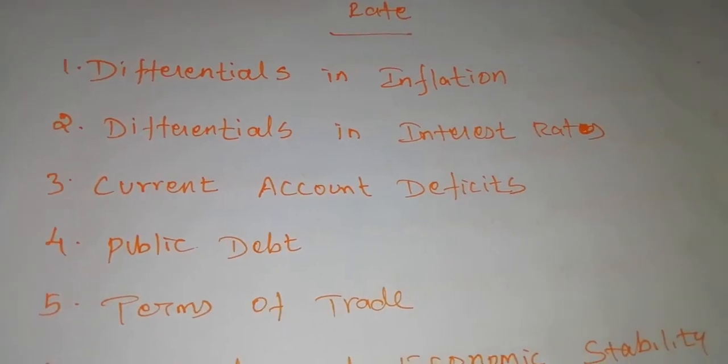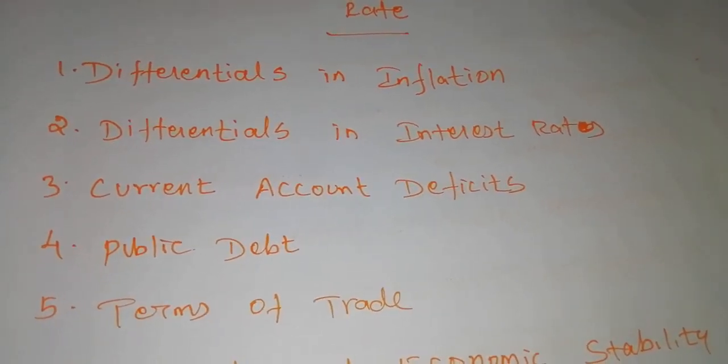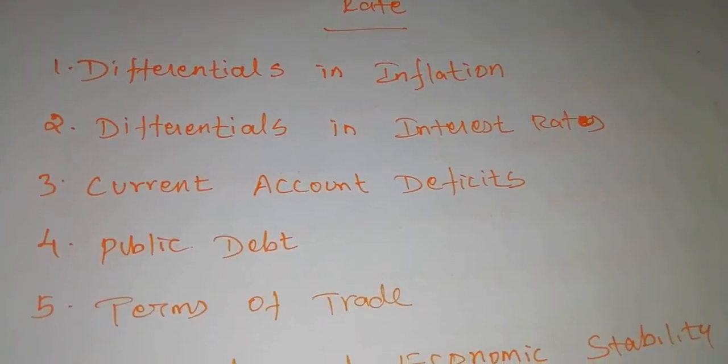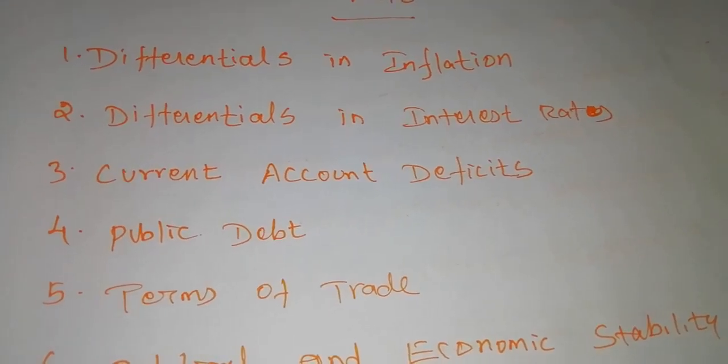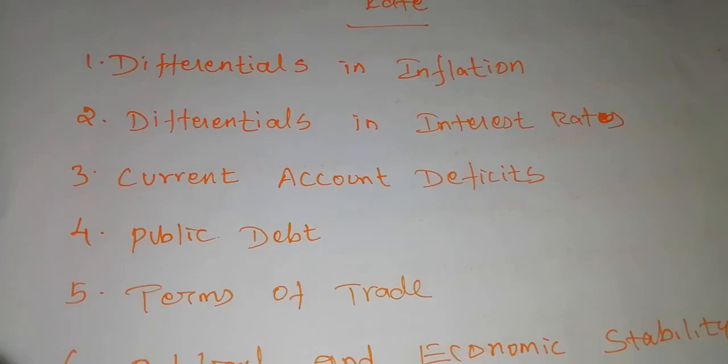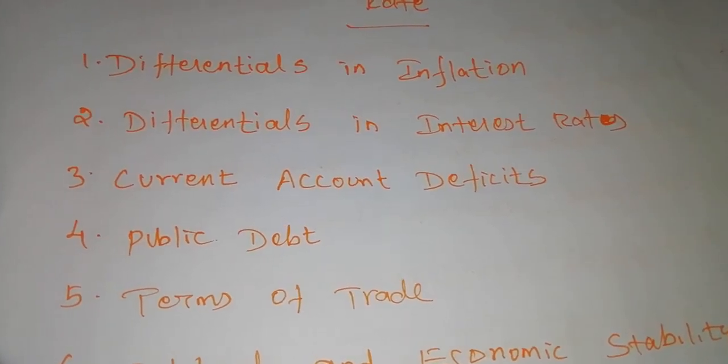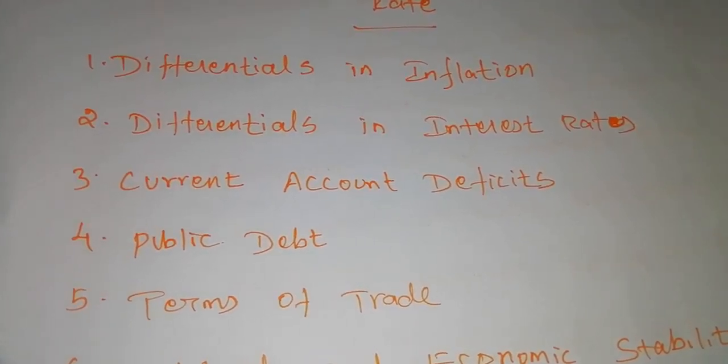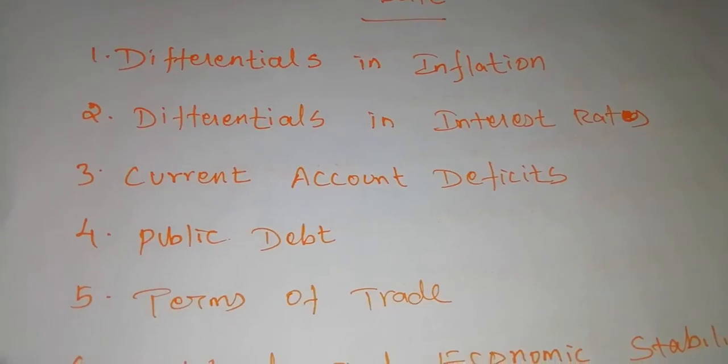So we have to import more commodities from other nations, and because of that we have to pay more. When we need to pay more to foreign nations, the exchange rate will change.